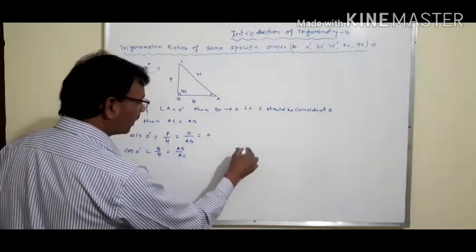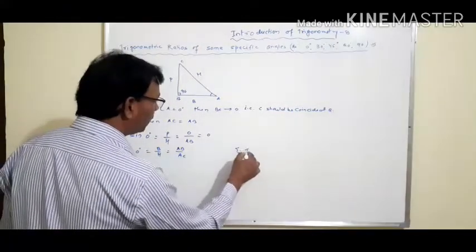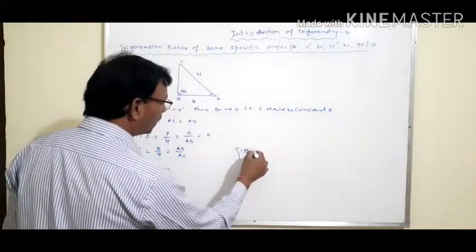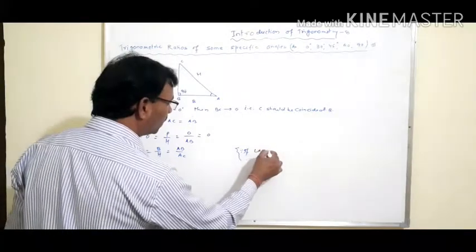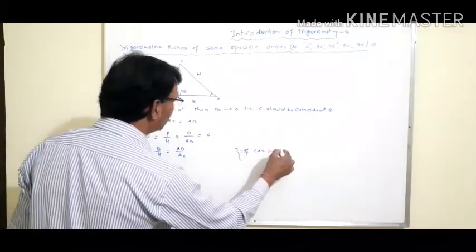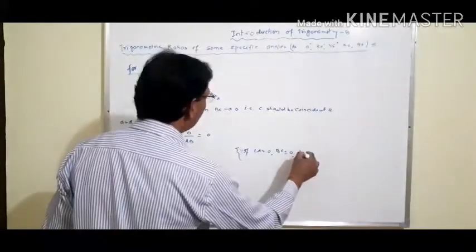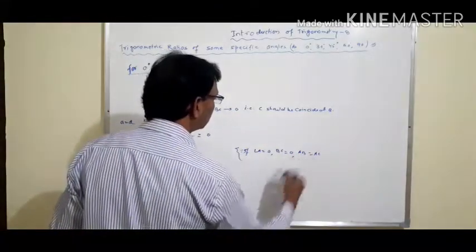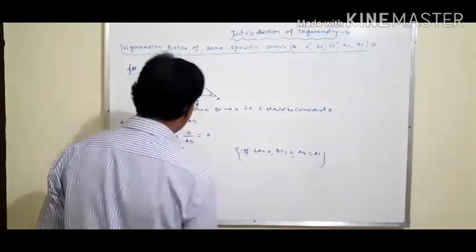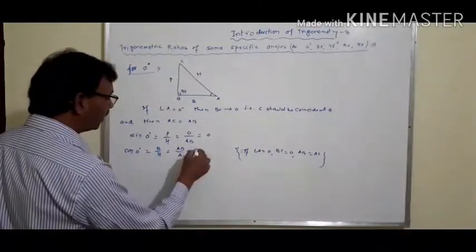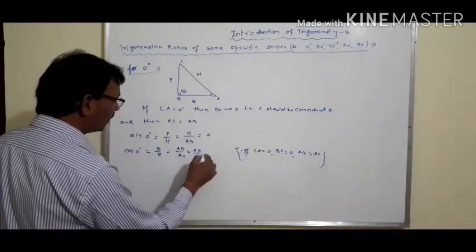If angle A equals 0, then BC equals 0 and AB equals AC, both are the same, so this will be AB upon AB equals 1.